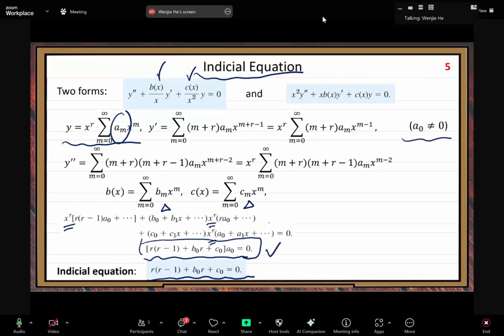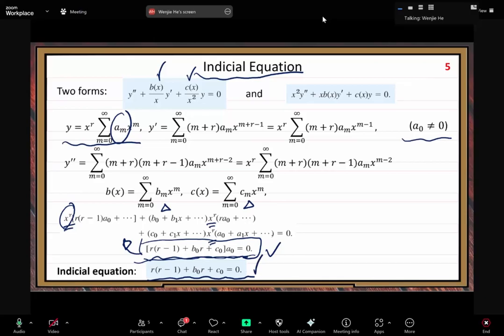The remaining part equals 0, and the extra part must also be 0. One term contains x to the r, and the other does not, so separate from that, both should be 0 to have a solution. This equation must be satisfied.